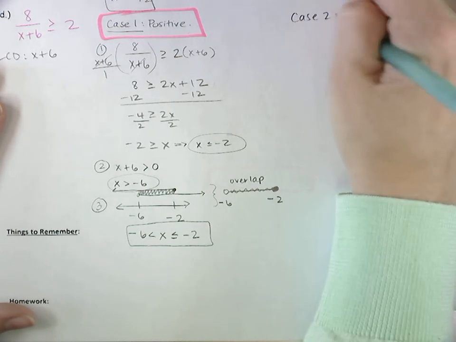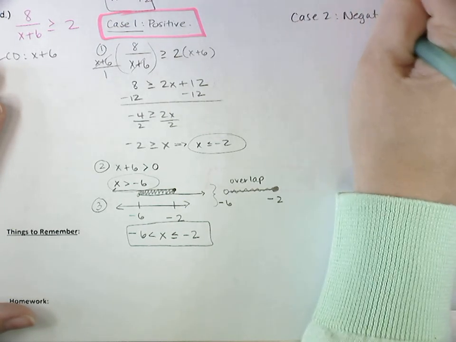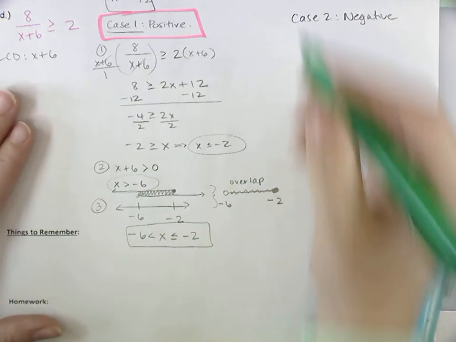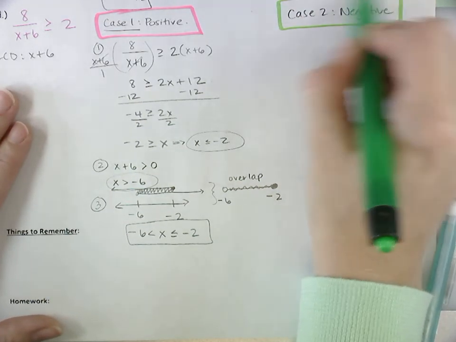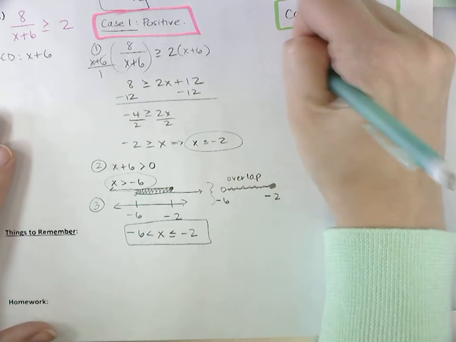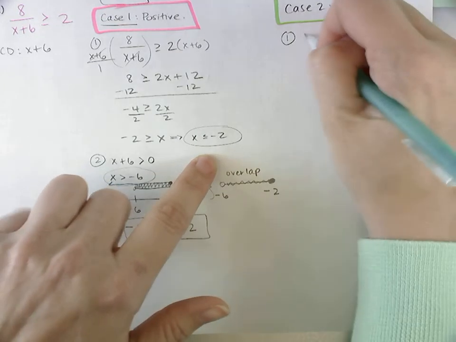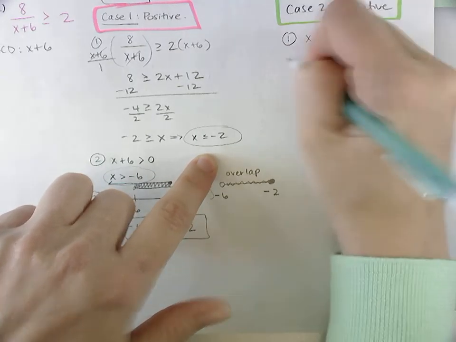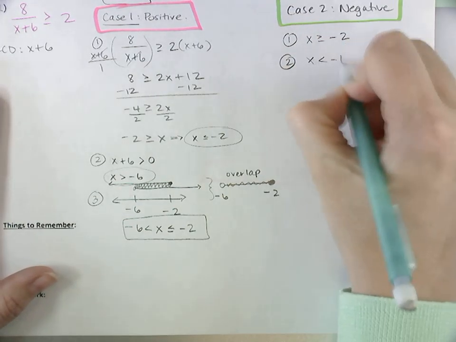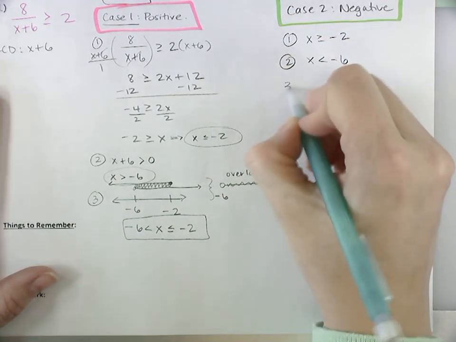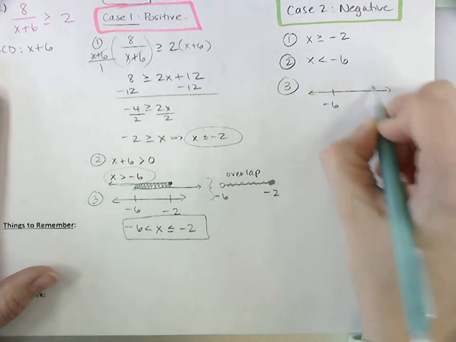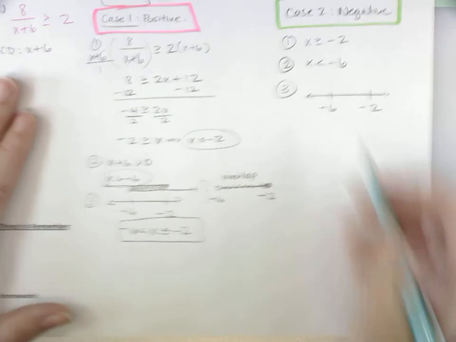And now we're ready for case 2. I feel like you guys can crank that out pretty quick, right? For step 1, you're going to take your inequality and flip the sign. For step 2, you're going to take your inequality and flip the sign. Then for step 3, you're going to graph that on a number line. So I have negative 6 and negative 2.